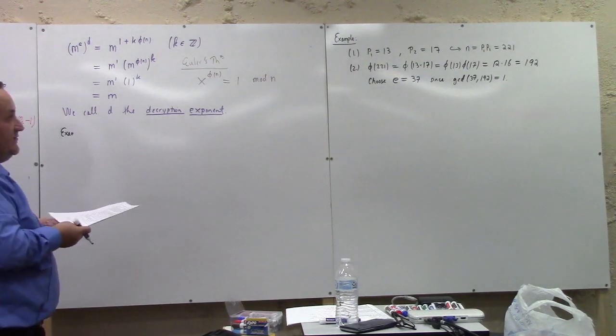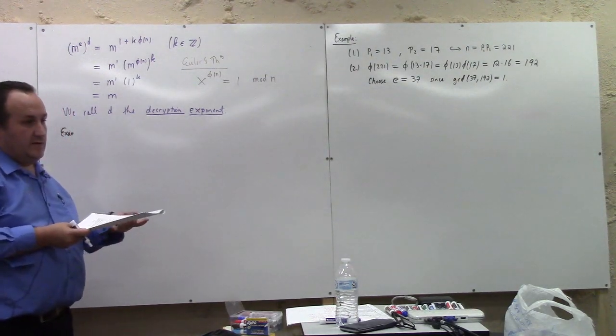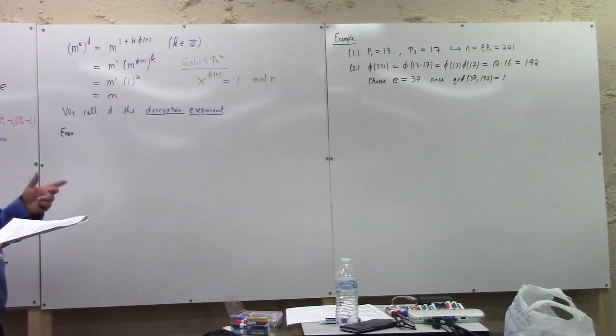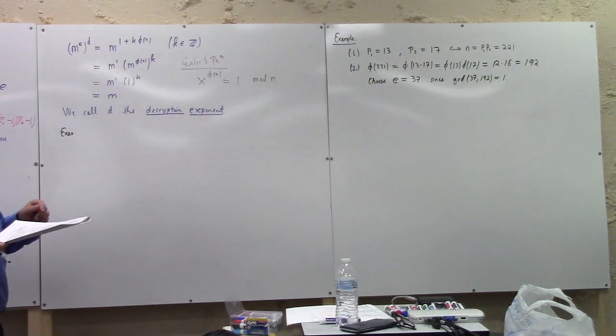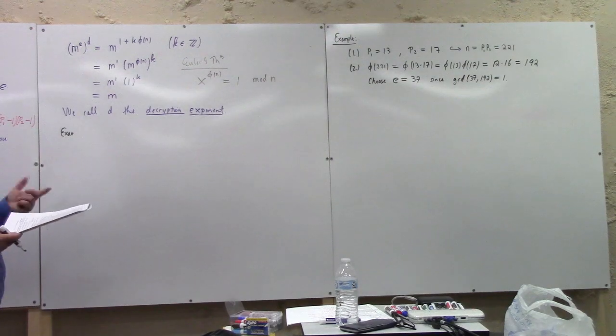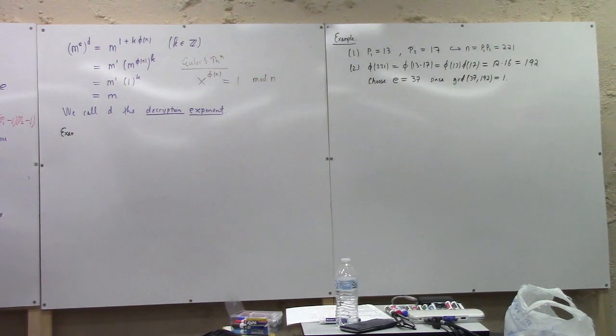Well, since 13 and 17 are prime, the group of units is just one less. So anytime we have Euler phi of a prime, it's just the prime minus 1. And of course, it's multiplicative, so if they're relatively prime, we multiply.